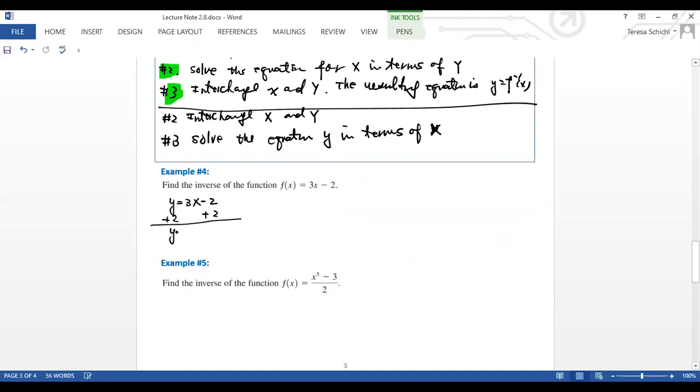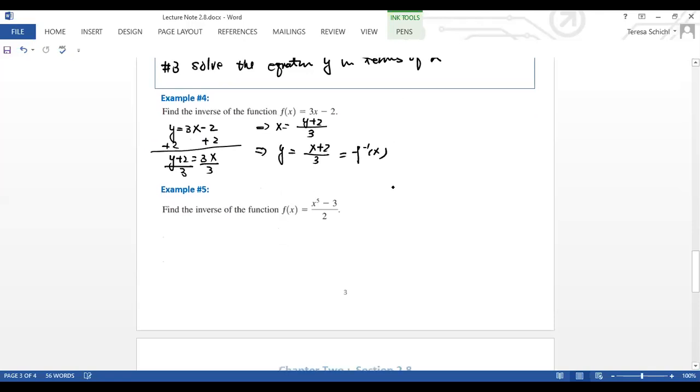So y plus 2 equal to 3x, divided by 3, divided by 3. So I will get x equal to (y plus 2) over 3. Then the last step, switch the y and x. So y is equal to (x plus 2) over 3.